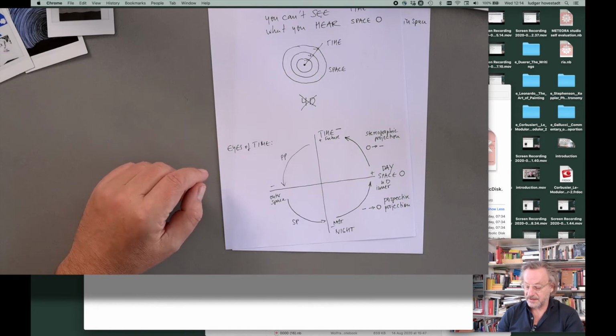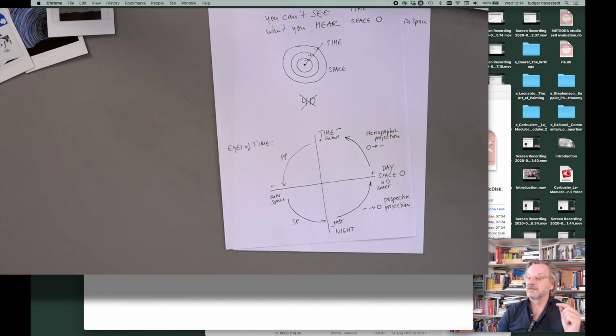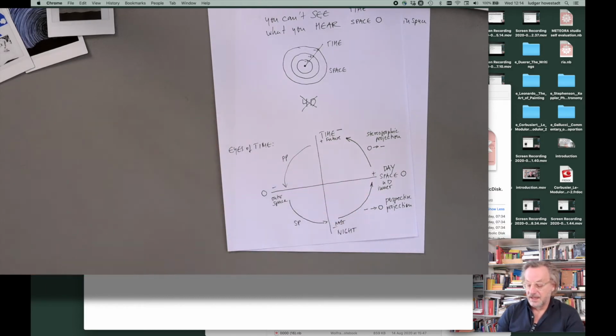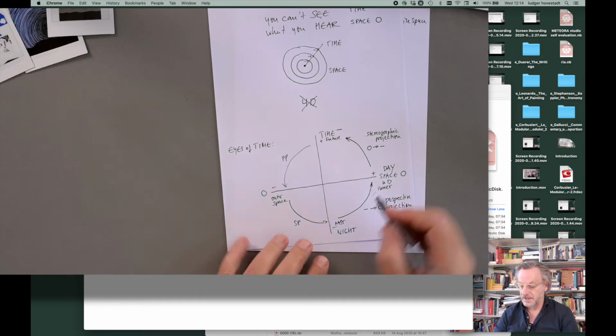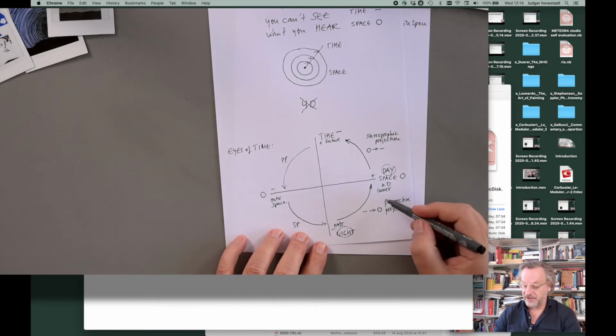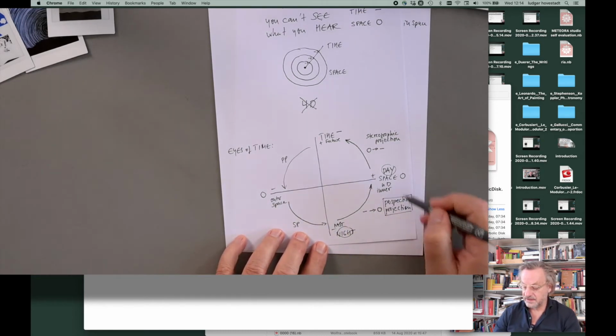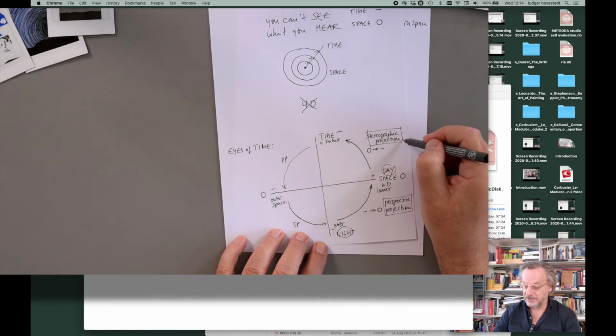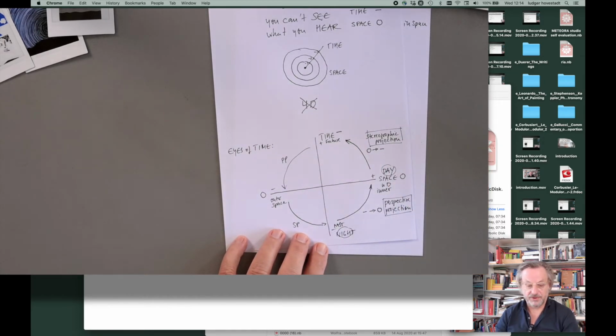We call that night because we get lines of time within the circularity of space. So we have day, we have night. And we are interested in these two different projections. I want to go in detail there.